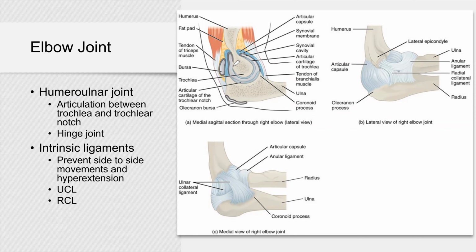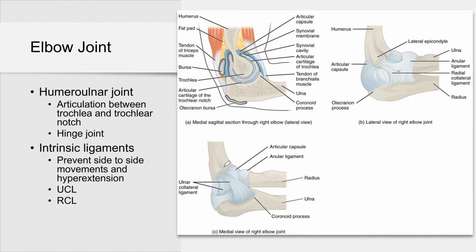And it's a joint between trochlea of the humerus, so this part shows the trochlea, and trochlear notch of ulna. This is a hinge joint that allows movement in one plane, allowing for flexion and extension of your elbow.